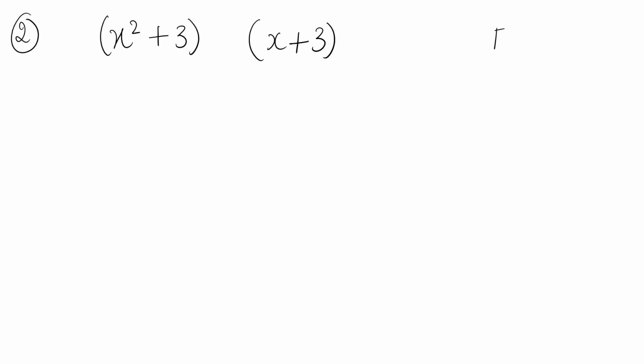Now we are going to solve the second example. For example, (x squared + 3)(x + 3). We are going to solve this binomial product with the FOIL method. First terms, outer terms, inner terms, last terms.